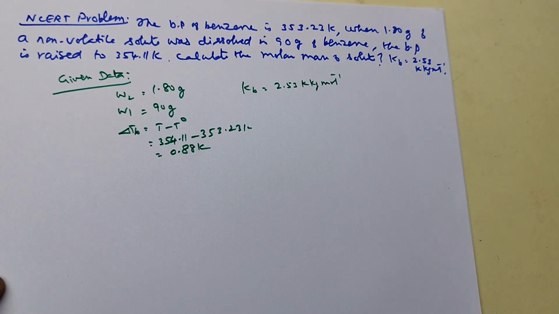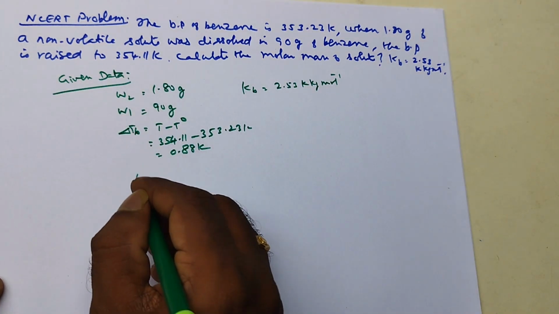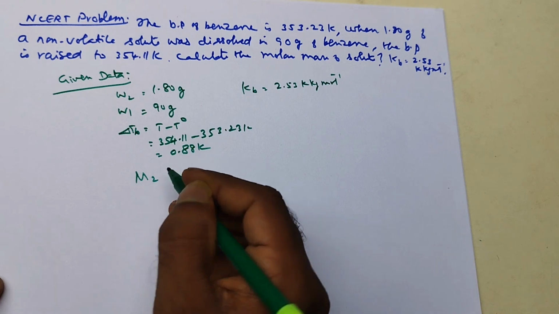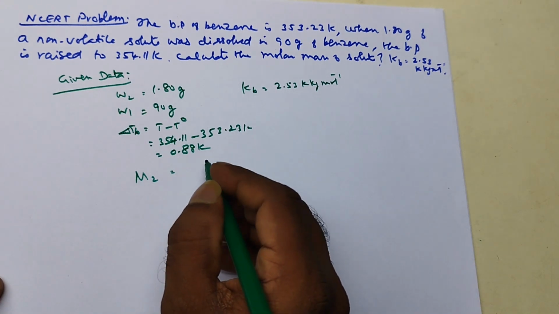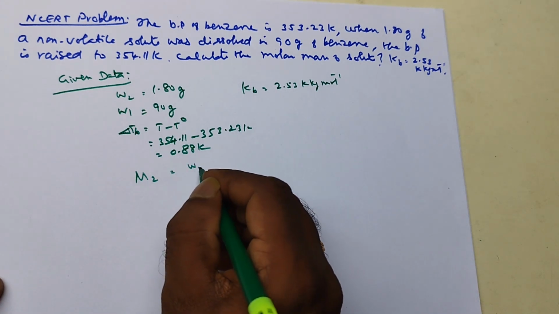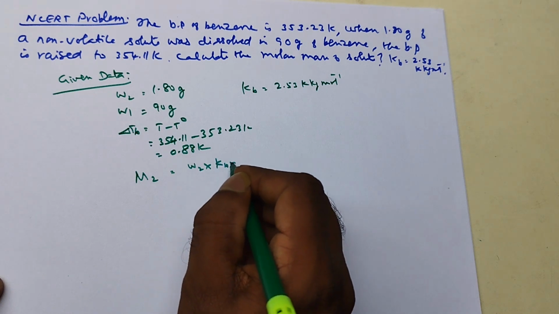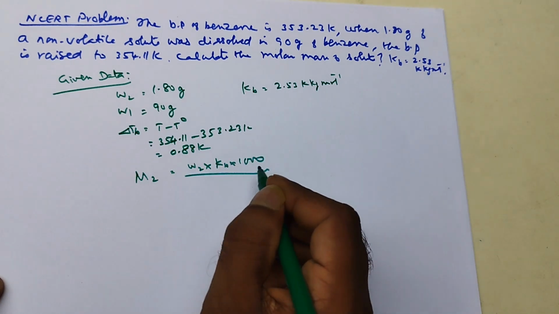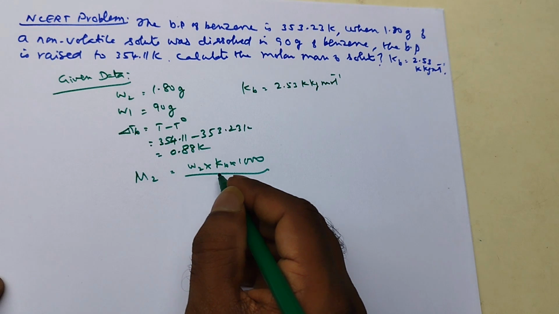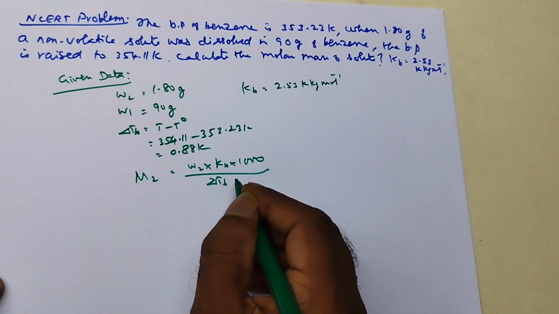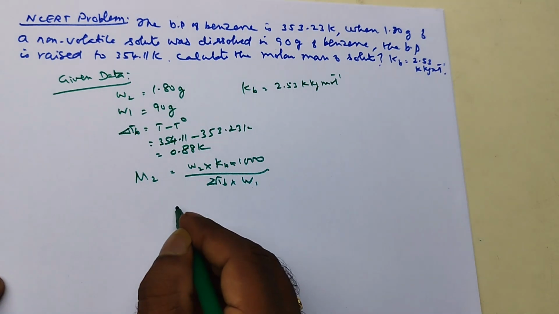So calculate the molar mass of solute. You can use the formula directly. M2 is equal to W2 into Kb into 1000 divided by delta TB into W1. Substitute the values.